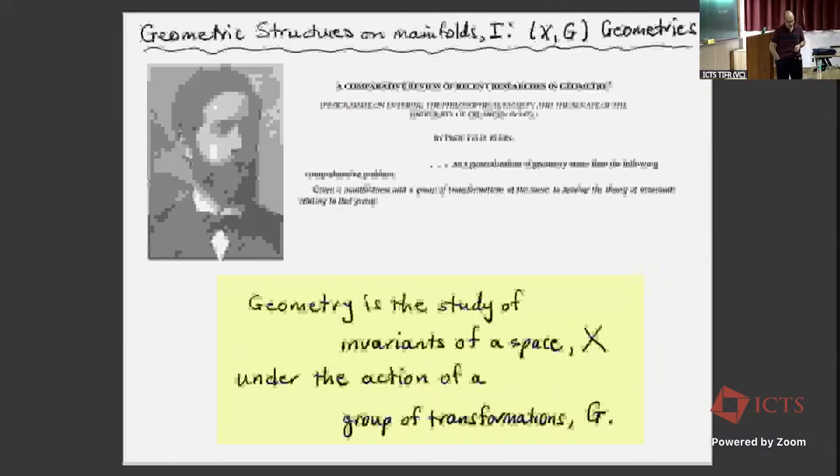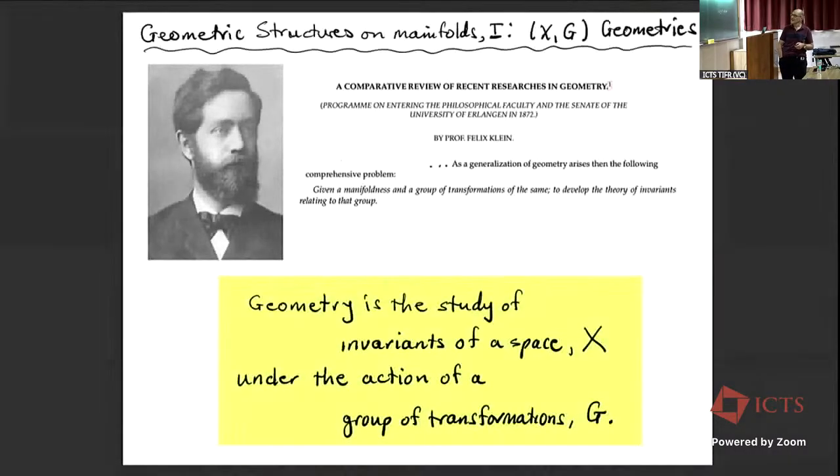So what do we mean by geometric structures? The point of view is the one popularized by Klein. I looked up, I wanted to see exactly how he formulated it. And if you look on the archive, you'll find a translation of his essay where he actually laid out what the program is.